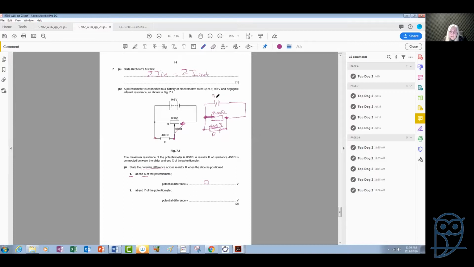And this is 9.6 volts, because there's no internal resistance. So our answer is that the potential difference is 9.6 volts across resistor R.